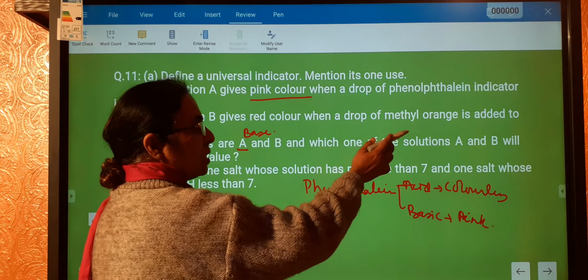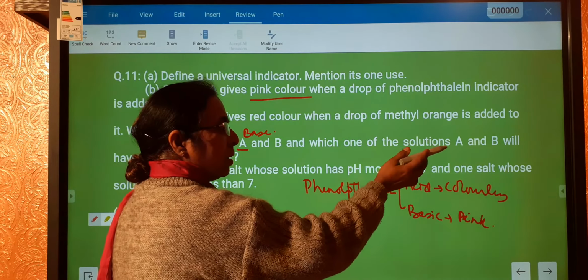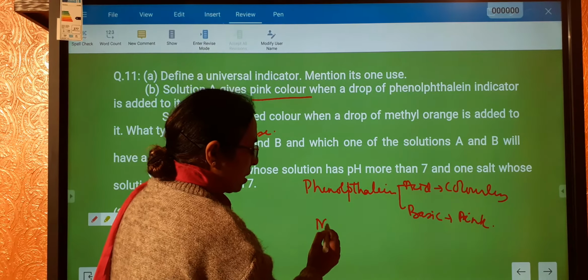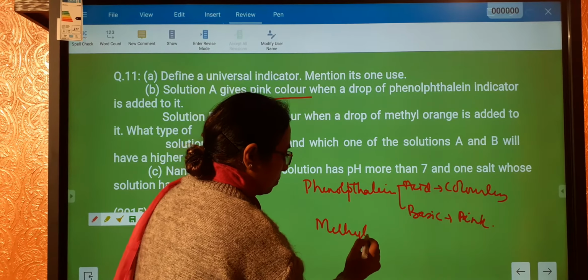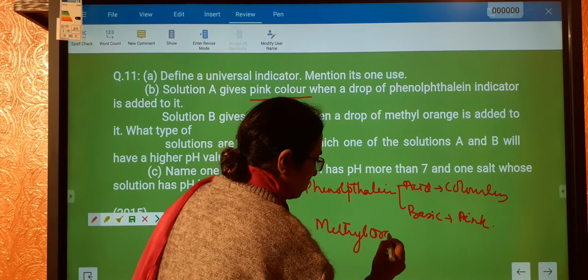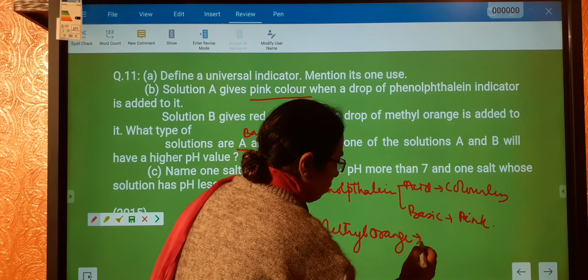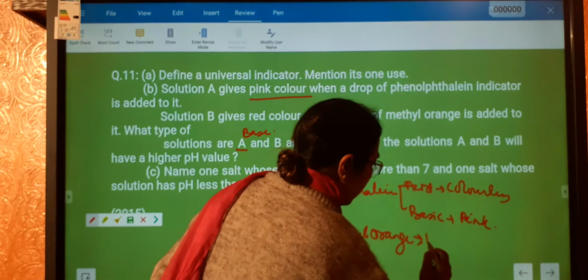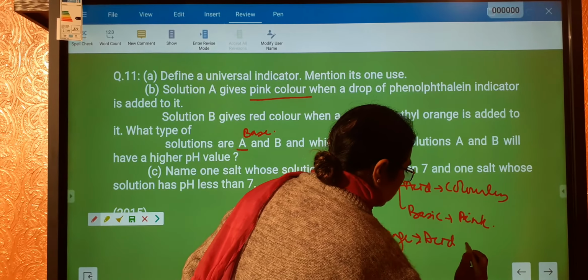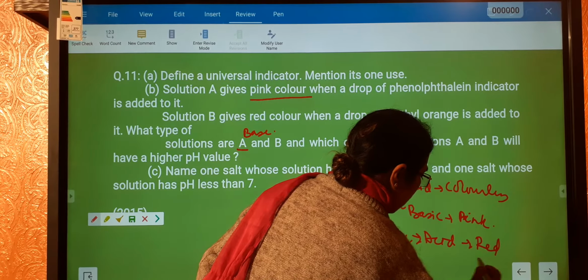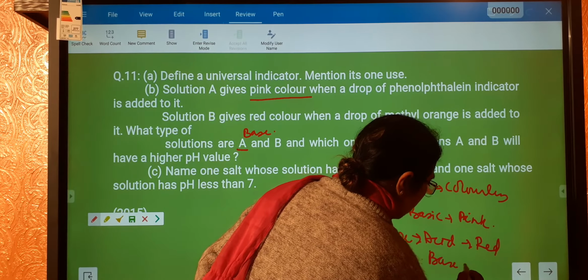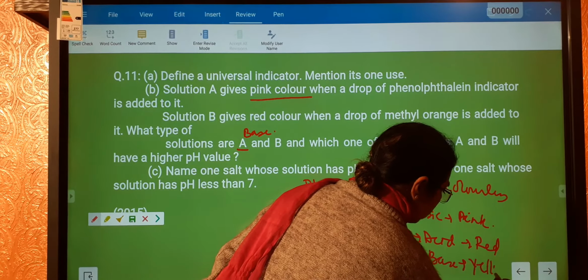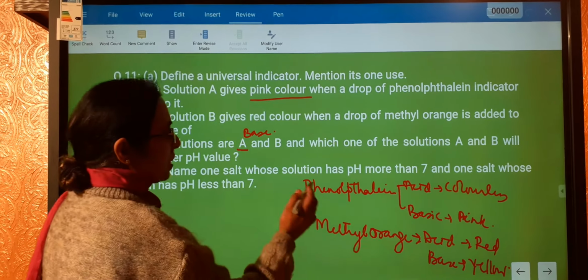Methyl orange gives an orange or red color in acid, and in base it gives yellow color.